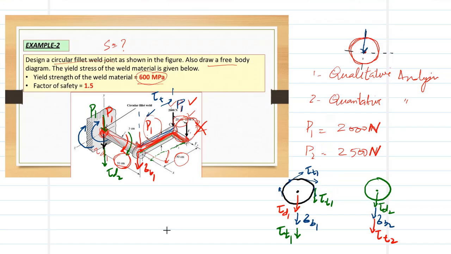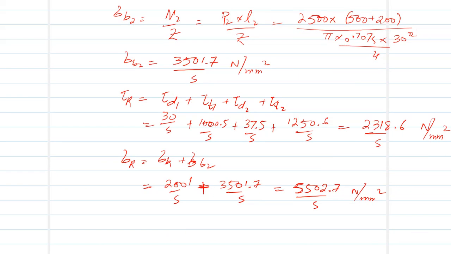Tau maximum is equal to 1 by 2 under root sigma b square plus 4 tau square. In this case, it's sigma r and tau r. And tau maximum is tau allowable, and tau allowable can be found by sigma y over 2.